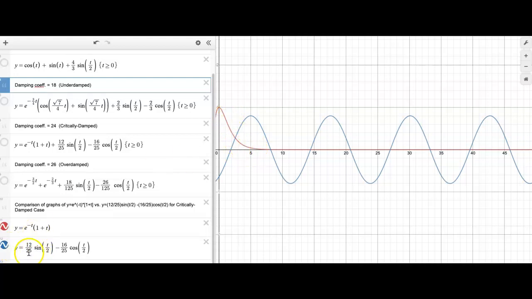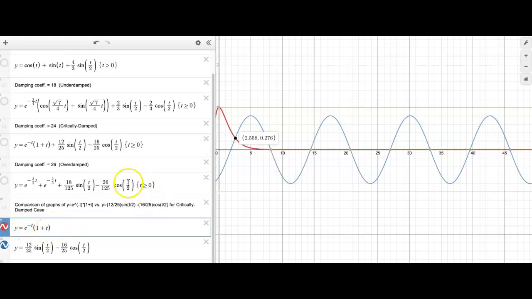We also see here we have the second and third terms, sine and cosine functions. And we see that right here at about 2.5 seconds is when our difference of sine and cosine functions takes over, meaning that the displacement of it is more than the e raised to the negative t times 1 plus t.